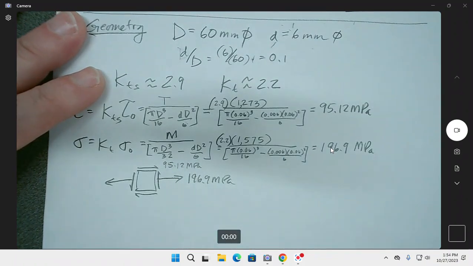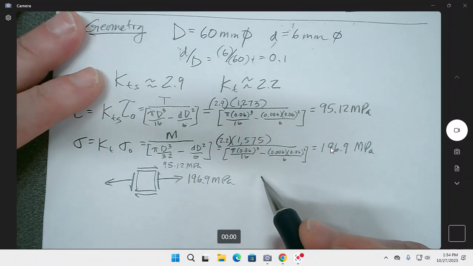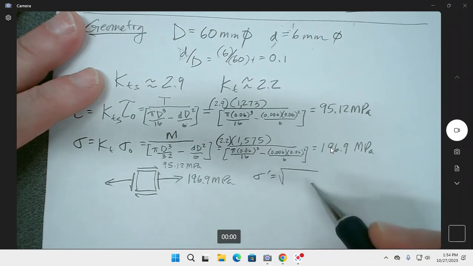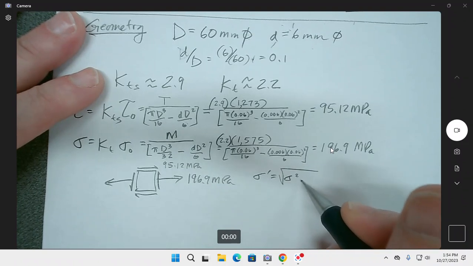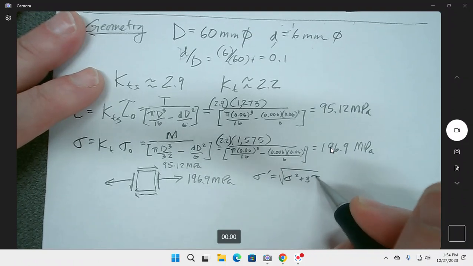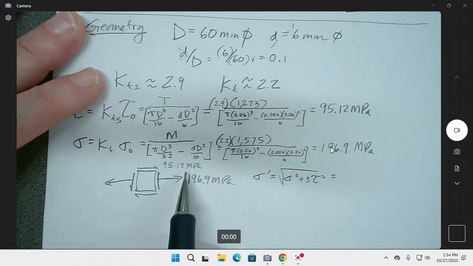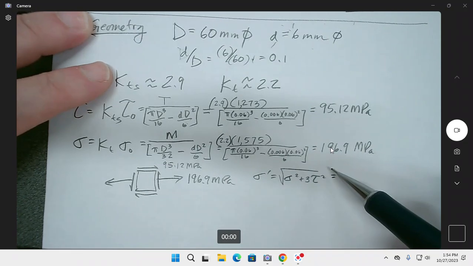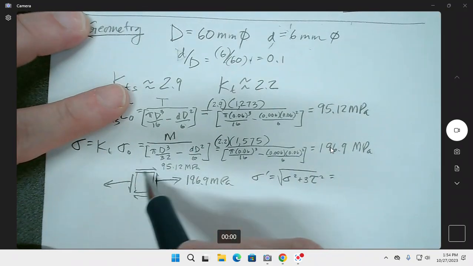But in any quick case, this is what we're dealing with, and then we want to see if the thing breaks or not. So we want to find the distortion energy theory, which is a lot easier. Got to find the von Mises. Square root of the normal stress squared plus 3 times tau squared. Because this is the case of uniaxial stress, we can do that. If it was a pressure vessel that had hoop stress, then it would have something here, right?